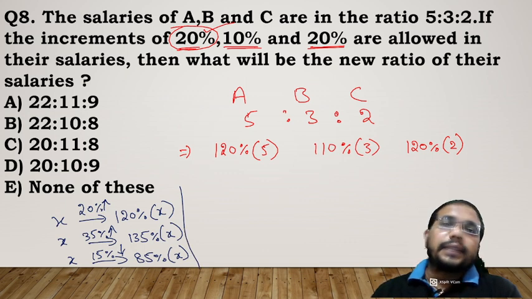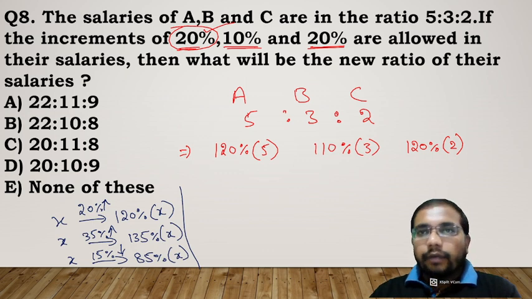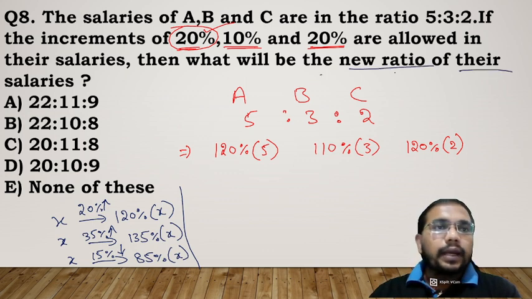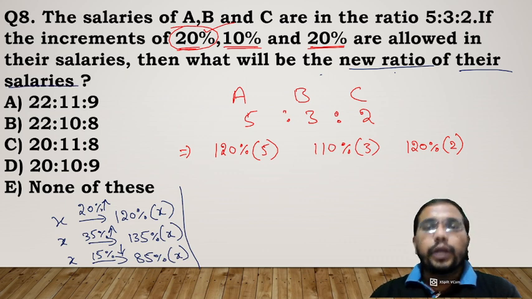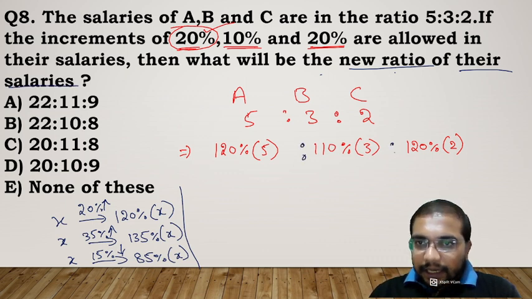But what are they asking? After increasing the salaries, what will be the new ratio of their salaries? What is the new ratio? So they are asking just again a ratio.